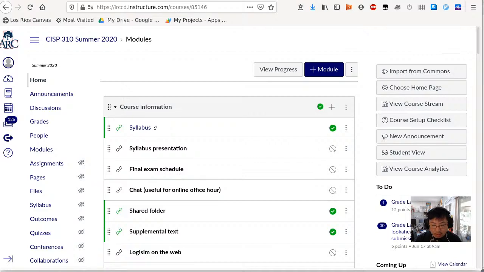But the challenge to me is in the previous semester when COVID-19 hit and we had to go online, everything is done online. There is a surge in terms of academic dishonesty, otherwise known as cheating.